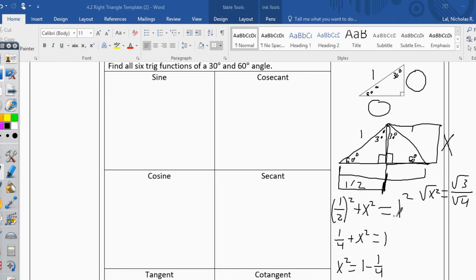The square root of x squared is x, and the square root of 3 is the square root of 3. We can't simplify that, but the square root of 4 is 2. So x is equal to root 3 over 2. So the value opposite of 30 is 1/2, and the value opposite of 60 is root 3 over 2.